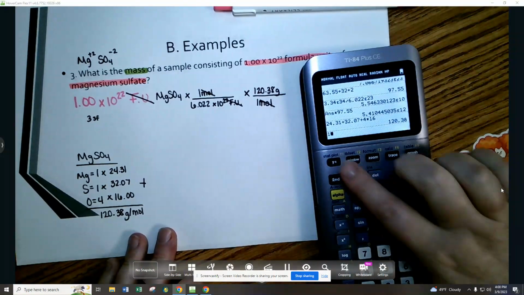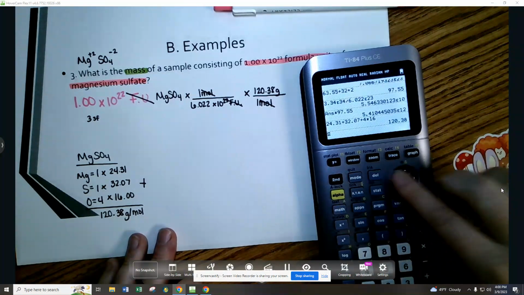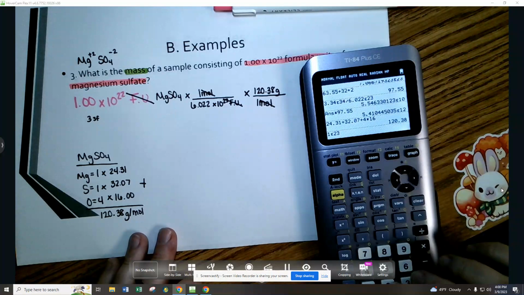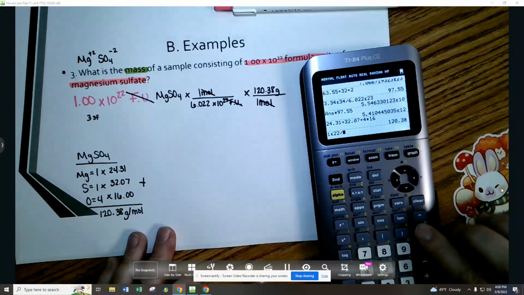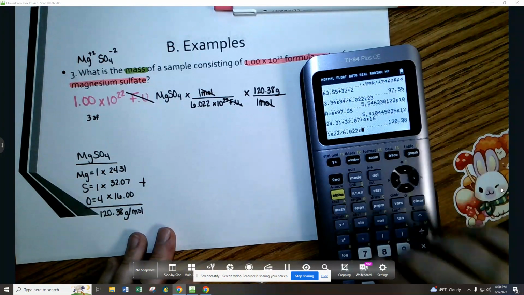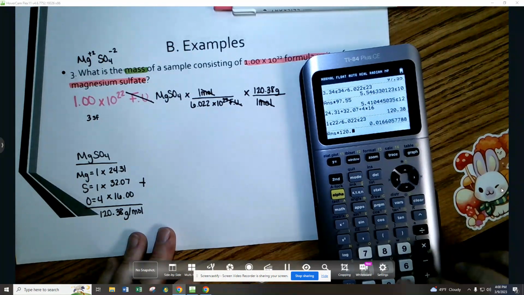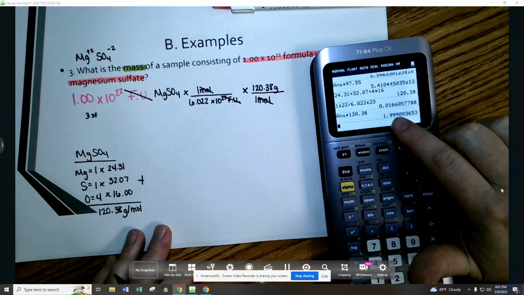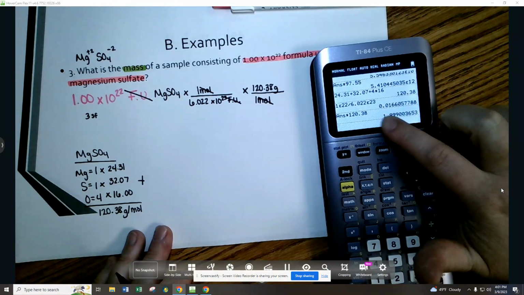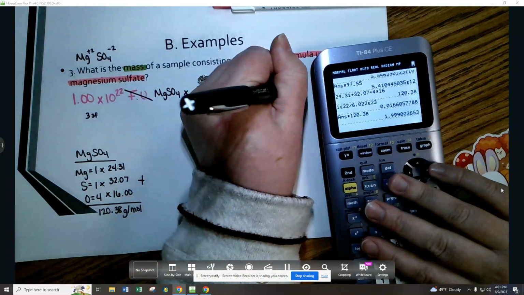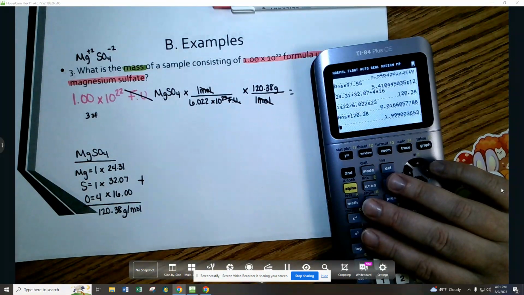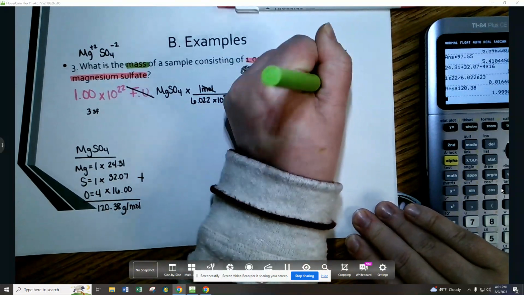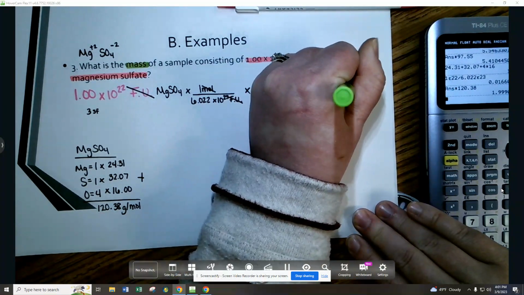We divide, using that EE function, and multiplying by our mass of 120.38. We can keep 3 sig figs, and I have a little bit of a domino effect here. So it's going to end up kind of pushing and rounding as it goes. So I'm going to say my answer here is going to be 2.00 grams, and I'm going to include that this is magnesium sulfate.